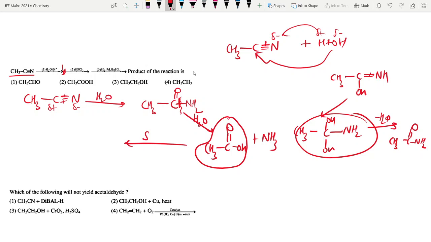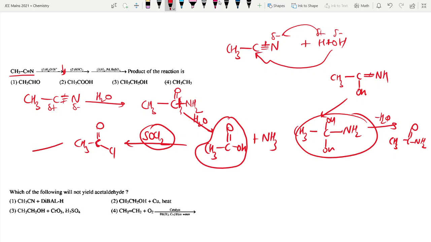And then SOCl2. The mechanism is very interesting, but I wouldn't like to go into the mechanism here. So what you get is basically an acid chloride here, not at the alpha position. For alpha halogenation we use the Hell-Vollard-Zelinsky reaction, but this is used to insert chlorine at the carbon.